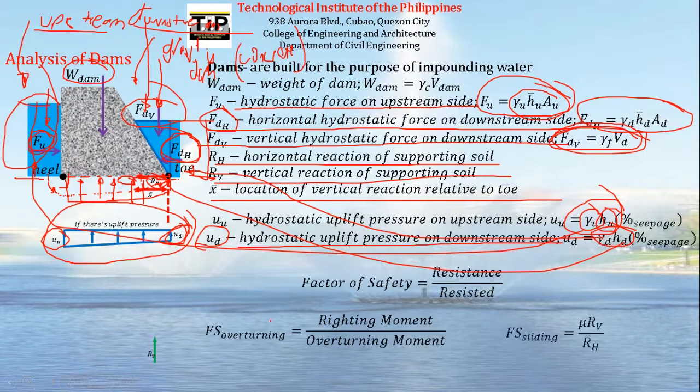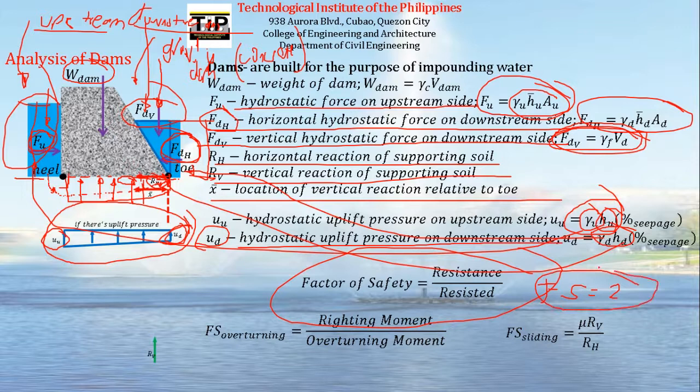So we have this factor of safety that is equal generally to resistance over resistance. For us to make sure that the dam, or the structure, is safe, the factor of safety should always be above 1, at least 2 above.